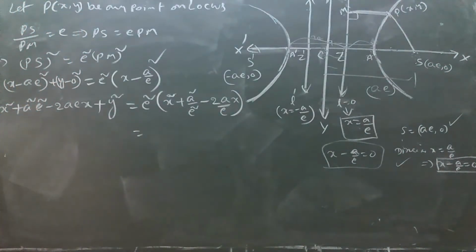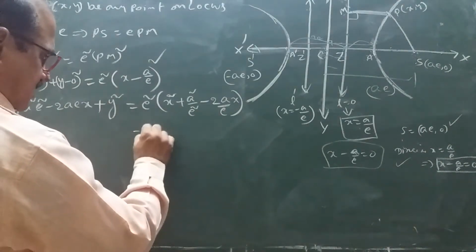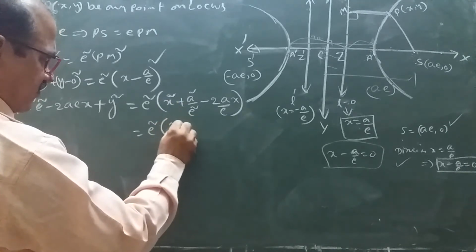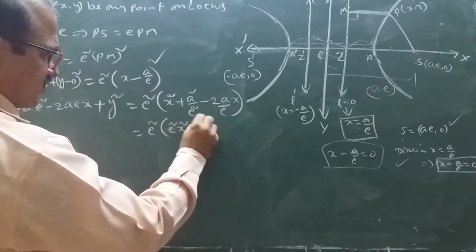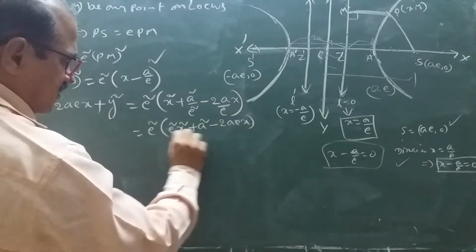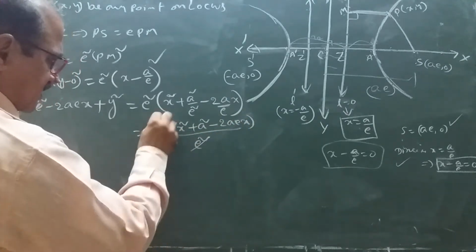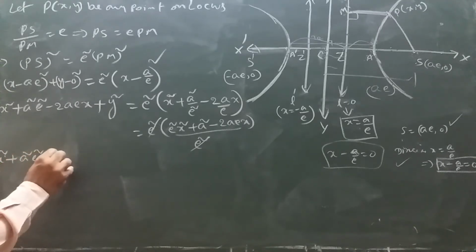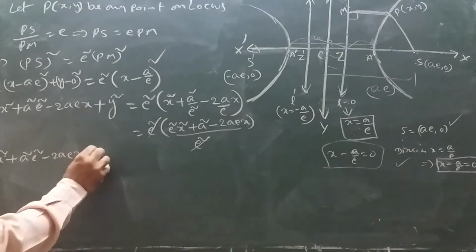By multiplying with e square, we can get e square into e square x square plus a square minus 2aex by e square. A square get cancelled. So we can simplify x square plus a square e square minus 2aex plus y square.